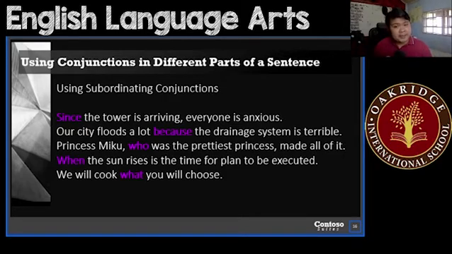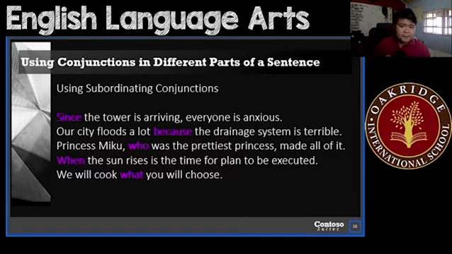Here we started with the dependent clause, and then we have a comma which separates the independent clause, everyone is anxious. How about the second one? Here we have the common way of using it, wherein after the independent clause, you have the dependent clause: our city floods a lot because the drainage system is terrible. These first two examples are common ways of using your subordinating conjunctions.